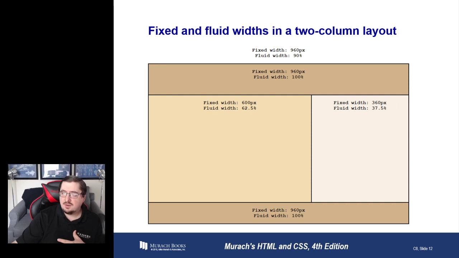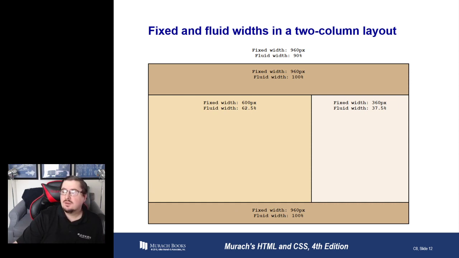So with this thing being 100% and that being 90%, this will actually be 90% of the viewport, even though we've set it to 100%. That 100% is 100% of its container. Same thing with the footer. The footer we want to occupy the full width, so we're going to set it to 100%.